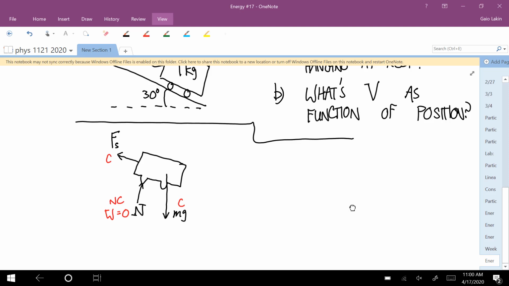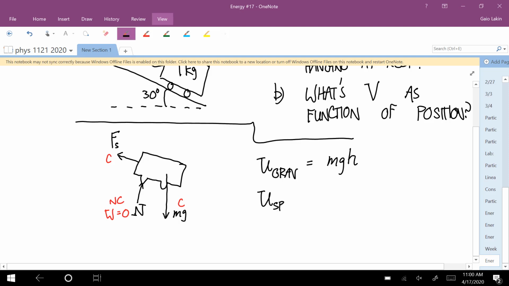All right, so we know we're going to have to deal with the potential energy functions for the spring and for the weight. The potential energy for the weight is mgh, and the potential energy for the spring is 1/2 kx squared, where x is how far the thing is removed from the spring's resting length.